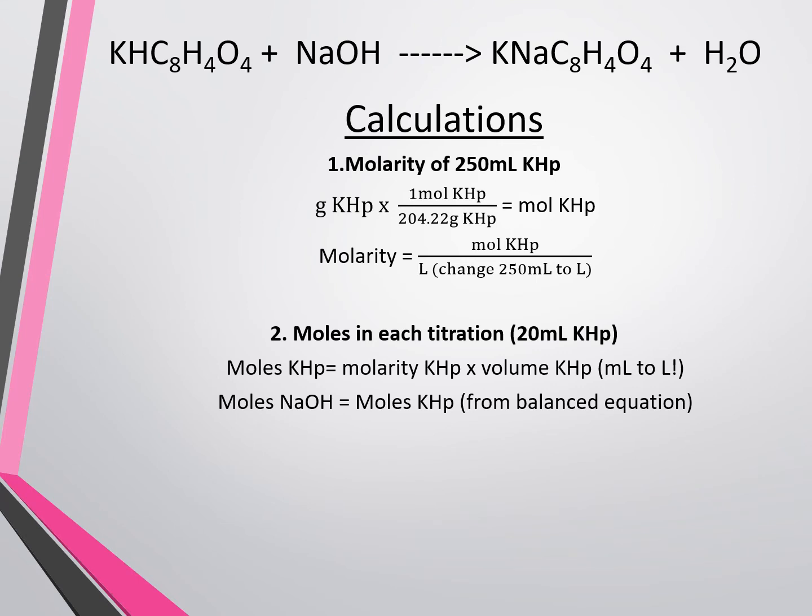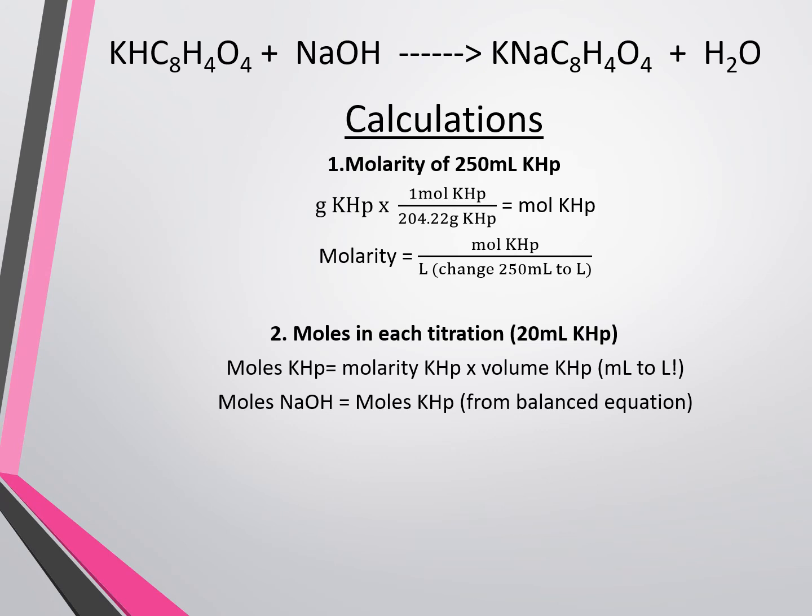So you can do that by multiplying the molarity that you just calculated times the volume of KHP. Remember, again, to turn those milliliters into liters. And it should be the same every time because we're using 20 milliliters every time we titrate.